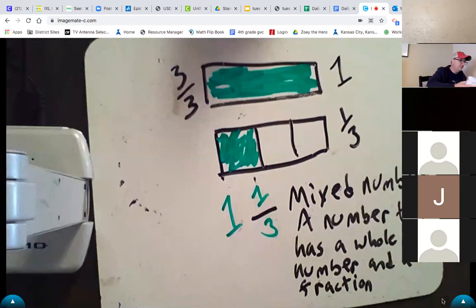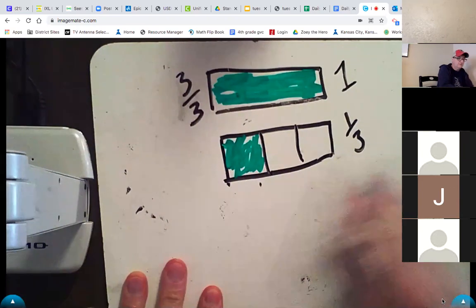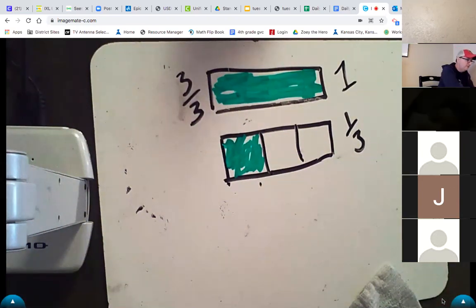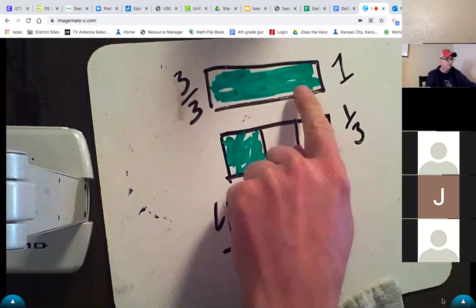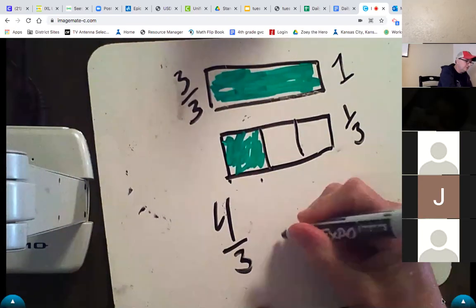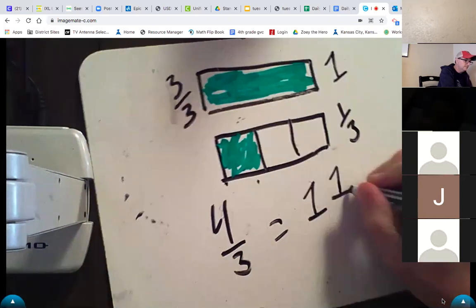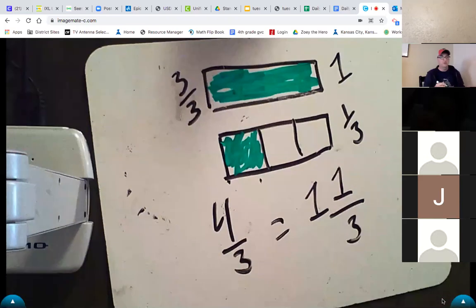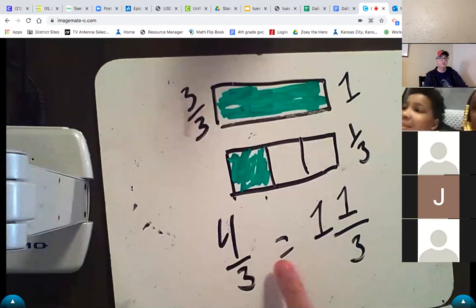So what's the point I'm making? We could say this right here is 4/3. 3/3 plus 1/3 is 4/3, but it's also 1 1/3. So to call it 4/3 or 1 1/3, those two are equal.